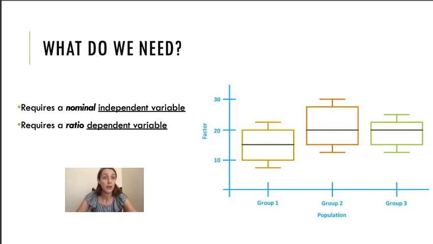So an example I think is great here is, let's go back to leisure satisfaction. We could ask people who are unemployed, employed part-time, and employed full-time, how satisfied are you with your leisure time? We might expect differences across those three groups. So here's a graph. This is called box and whisker plotting.